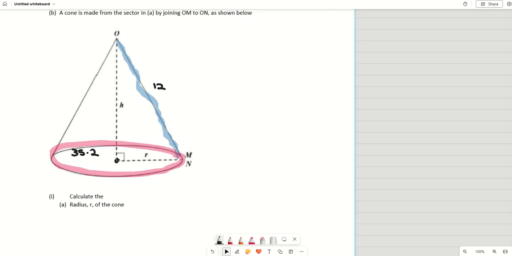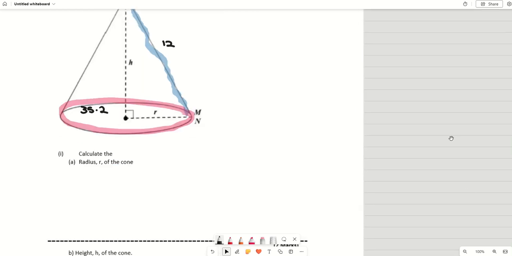Now, to find the radius of the circle, we already know the circumference. We know that the circumference of a circle is equal to 2 pi r. We know that the circumference is 35.2 and that pi is equal to 22/7.